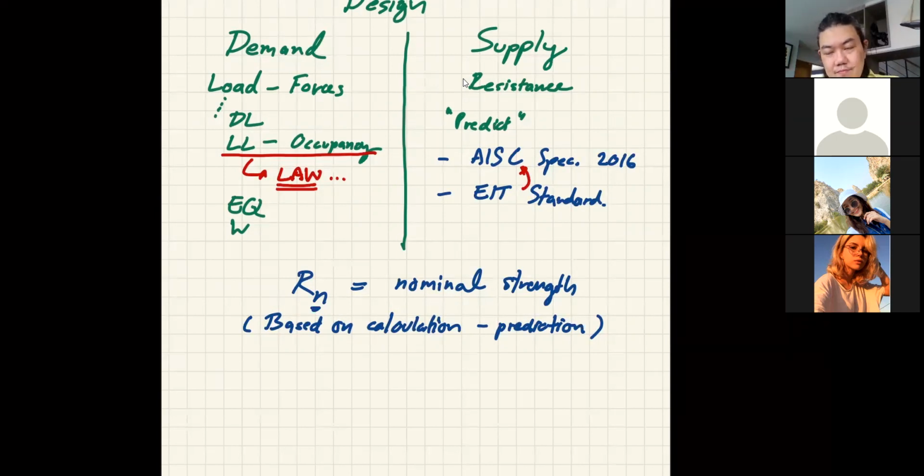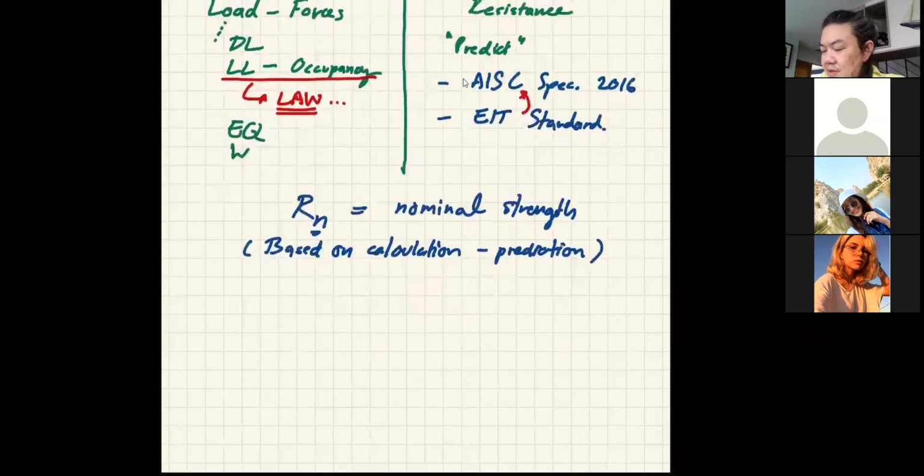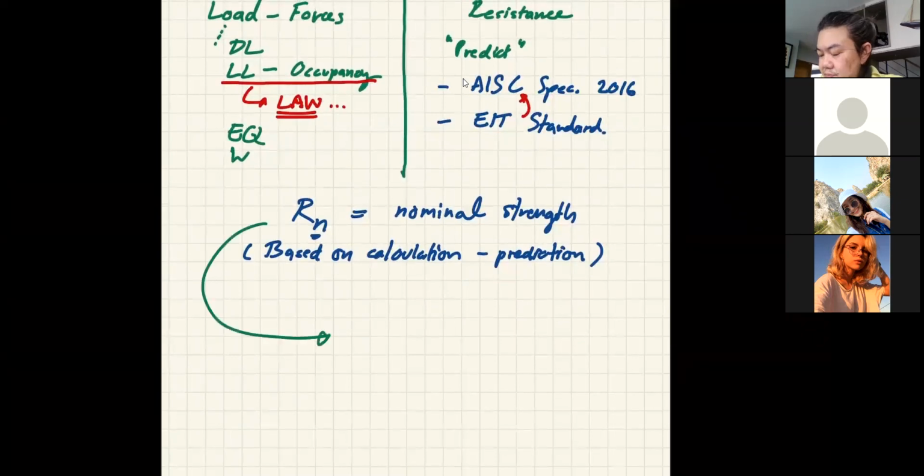All right, so the answer is no. That means we cannot use the nominal strength to design our structure. We must incorporate something to make our structure safe and turn this into what we call design strength.